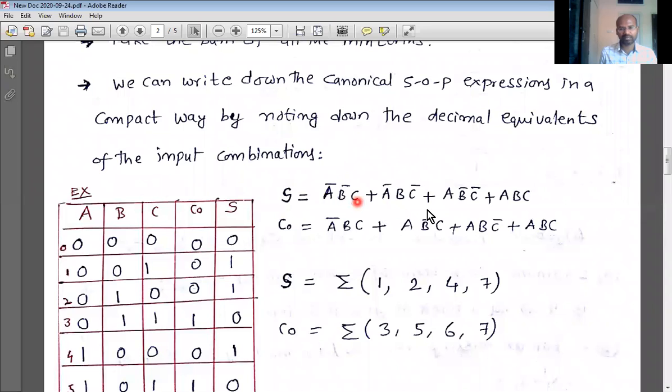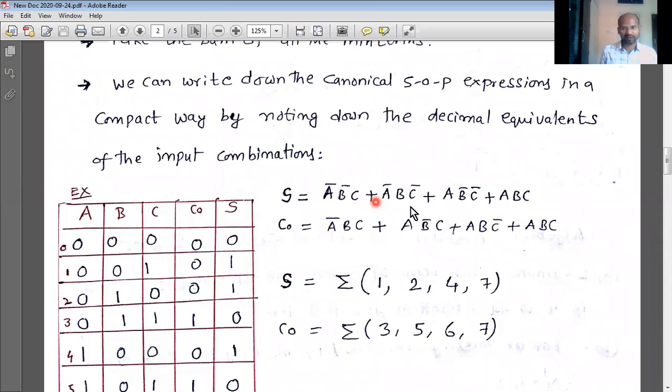Each term here is a product term, and the product terms are summed up to get the sum output. Here also, each one of these terms is a product, and we are summing them to get the carry. So it is a canonical form.